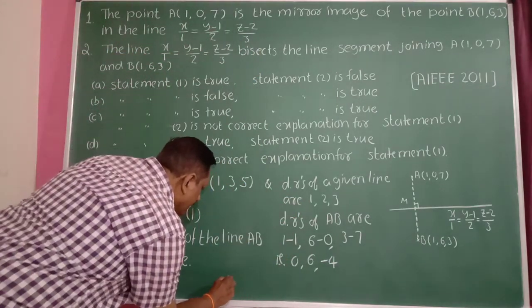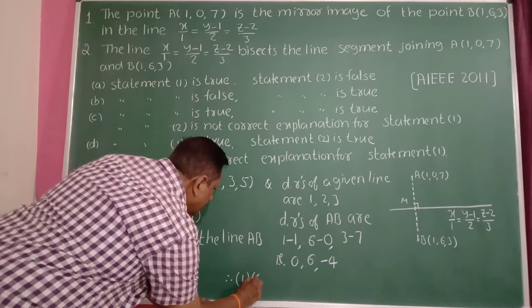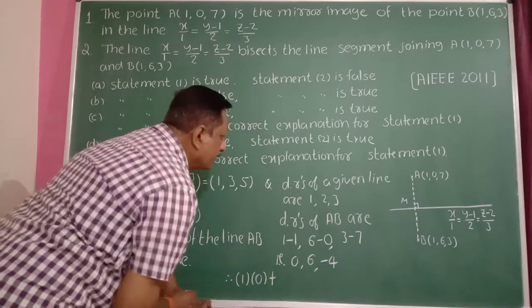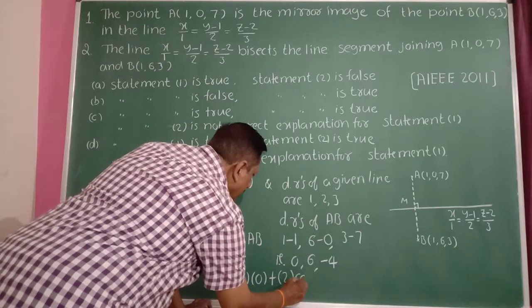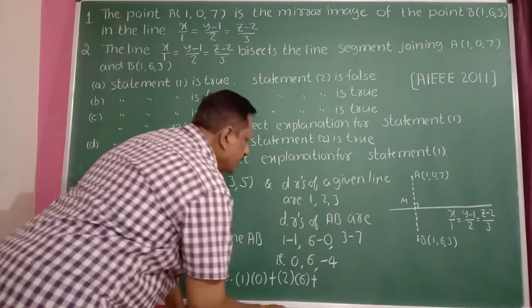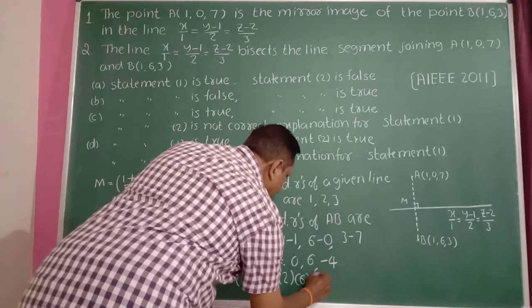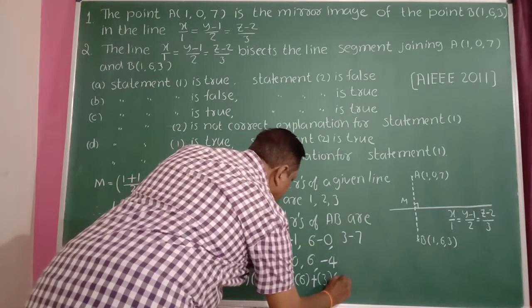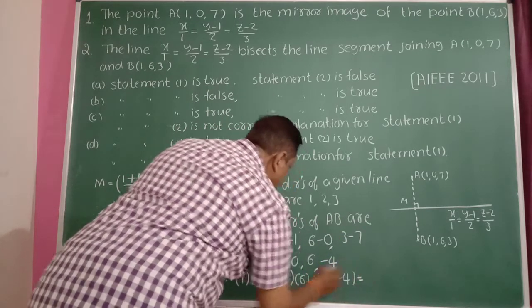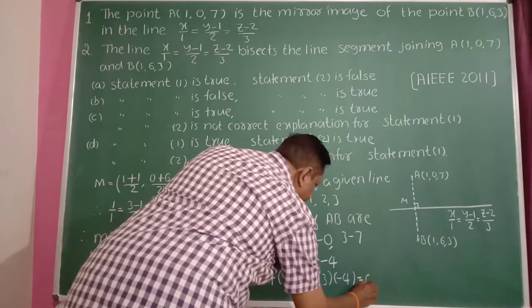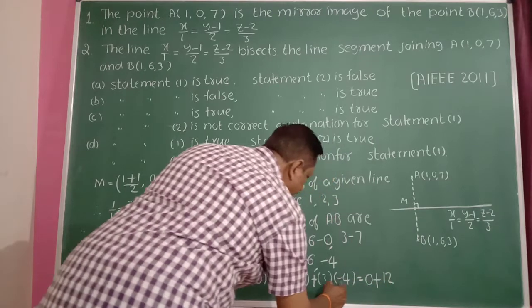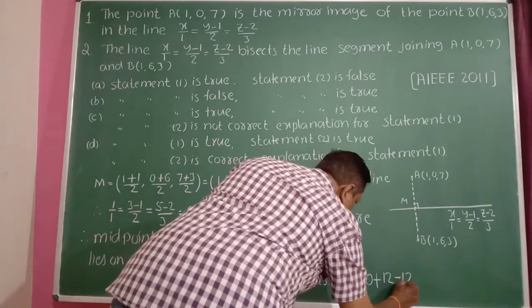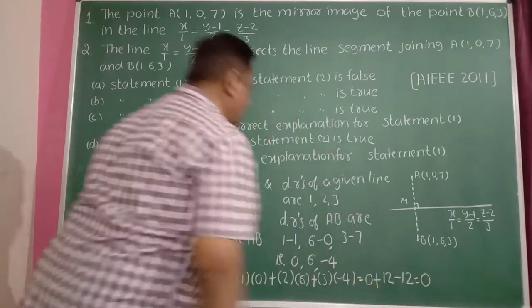Therefore, 1 into 0, then plus 2 into 6, plus 3 into minus 4, is equal to: this becomes 0, then 6 2s are 12, and 4 3s are 12, minus 12 is equal to 0.